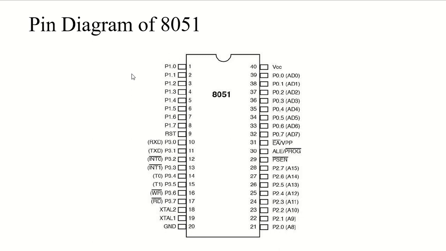The first 8 pins that you are seeing here, which go from P1.0, P1.1, P1.2 up to P1.7, which means pin number 1 to pin number 8, are collectively called port 1 pins or port 1, right? This port doesn't serve any other functions. It is internally pulled up, and it is a bidirectional input output port.